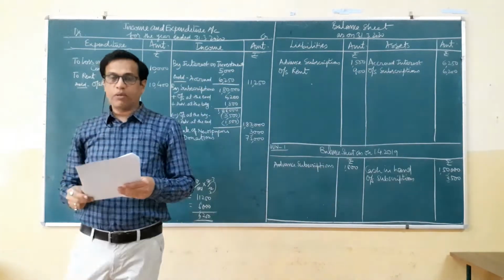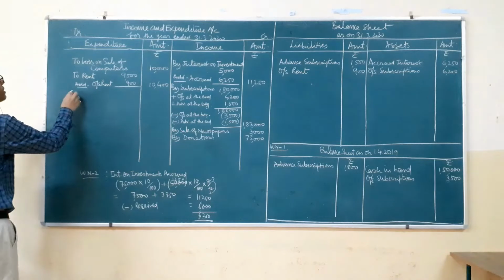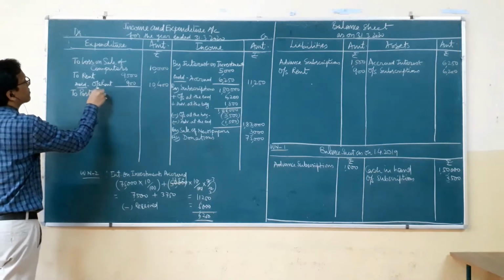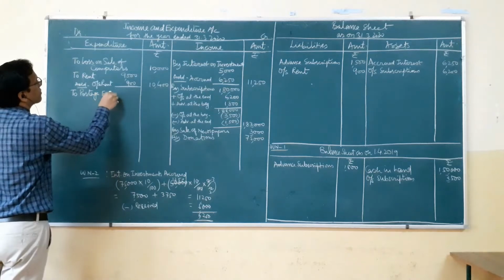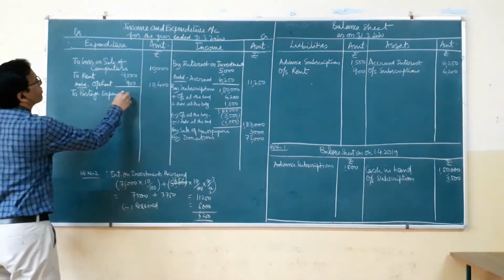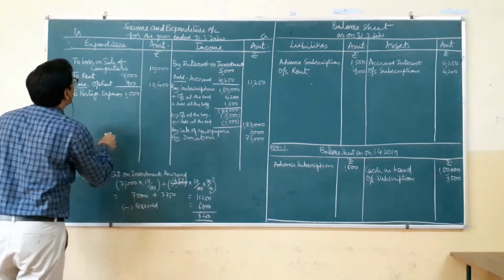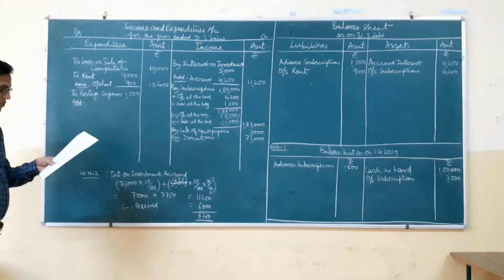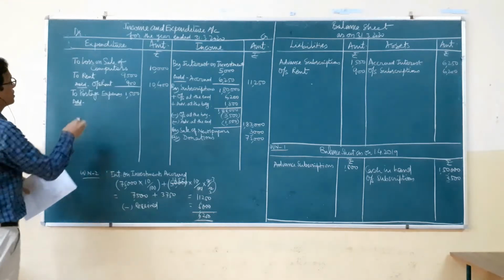Then next item is by postage expenses. Debit side again, to postage expenses. Postage expenses amount given 1,500, and the additional information says about outstanding postage expenses for current year 400 rupees.